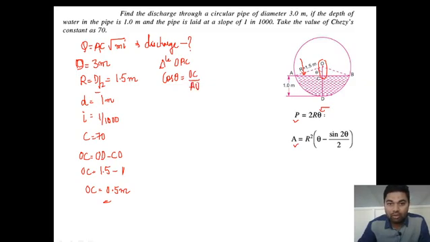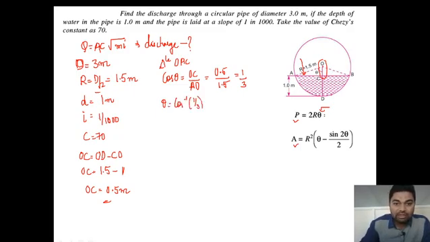OC is 0.5, AO is radius 1.5 meter. So the value comes 1 by 3. So theta is equal to cos inverse 1 by 3, which is equal to 70.53 degrees.